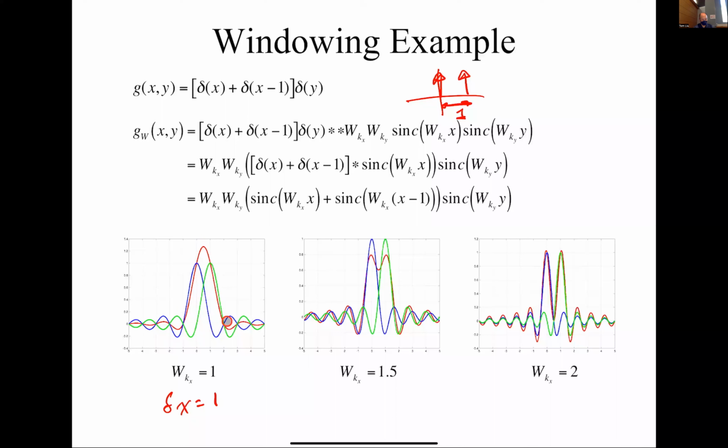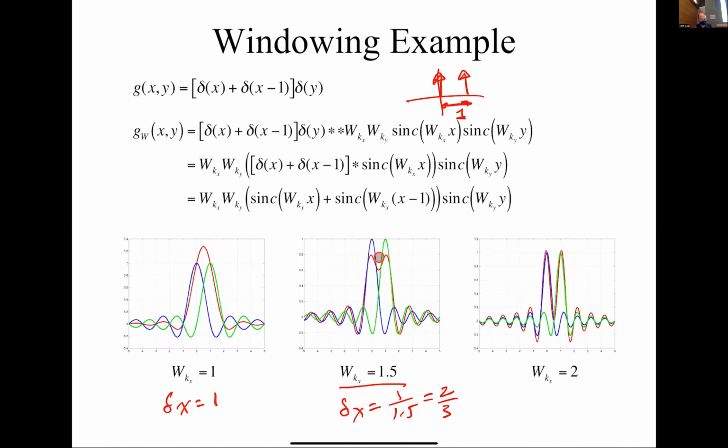Okay. Now let's say we go to a higher WKX. So now delta x equals 1 over 1.5, which equals 2/3. Now you can see those sinc functions, here in blue and green, are narrower. So when I take the sum of those 2 objects, now there's a little dip there.